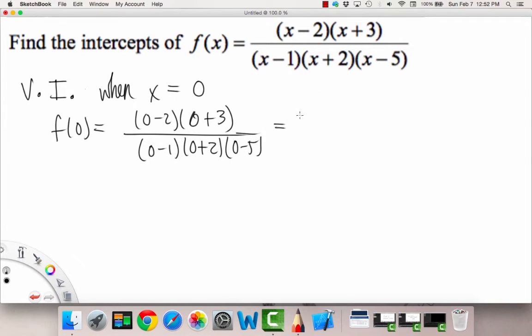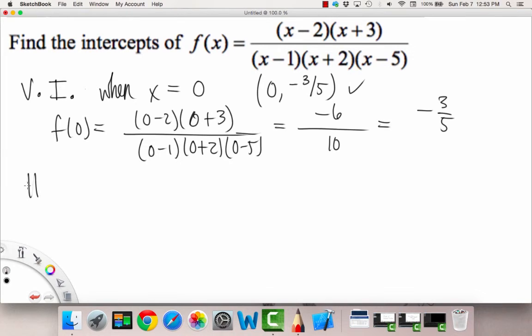Okay, so if we just multiply these out, we get negative 2 times positive 3, so that's a negative 6, and then over negative 10, so that would be a positive 10. So this simplifies to negative 3 over 5. And our vertical intercept, the way you would write it as a point, is just 0, negative 3 over 5. Okay, so that's the vertical intercept.